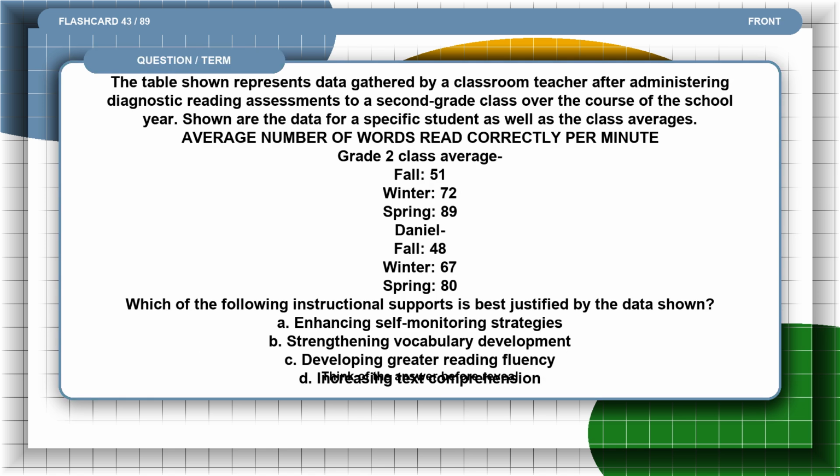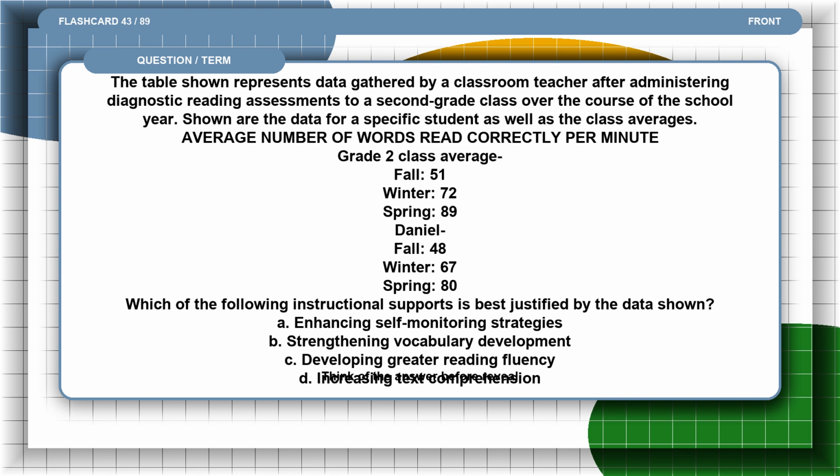Flashcard 43. The table shown represents data gathered by a classroom teacher after administering diagnostic reading assessments to a second-grade class over the course of the school year. Shown are the data for a specific student as well as the class averages. Average number of words read correctly per minute. Grade 2 class average: fall 51, winter 72, spring 89.